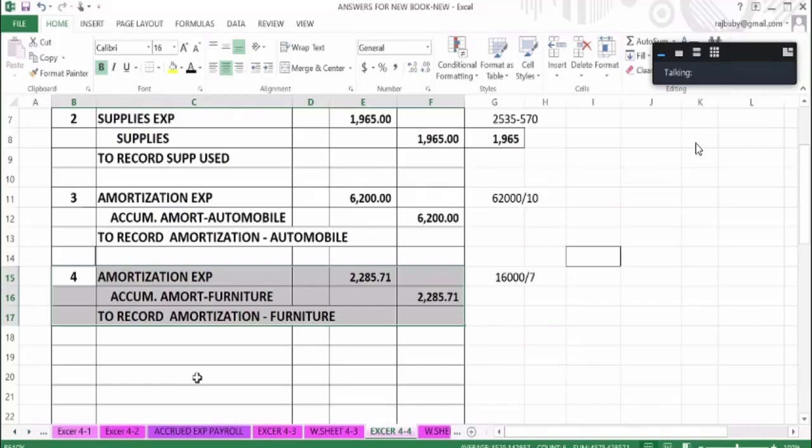Just wait a second. Yes, we credit accumulated depreciation by this sum and debit depreciation expense, accumulated amortization and amortization expense.